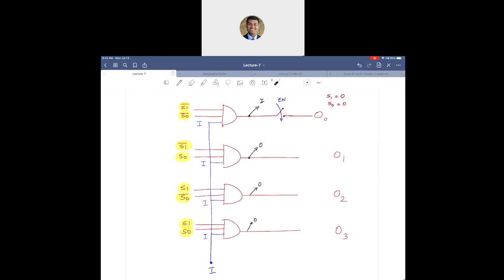Why is O0 I and the other? Okay, so here, let me erase this guy, bring this here. And let me erase this. So the condition that we are looking at is this.